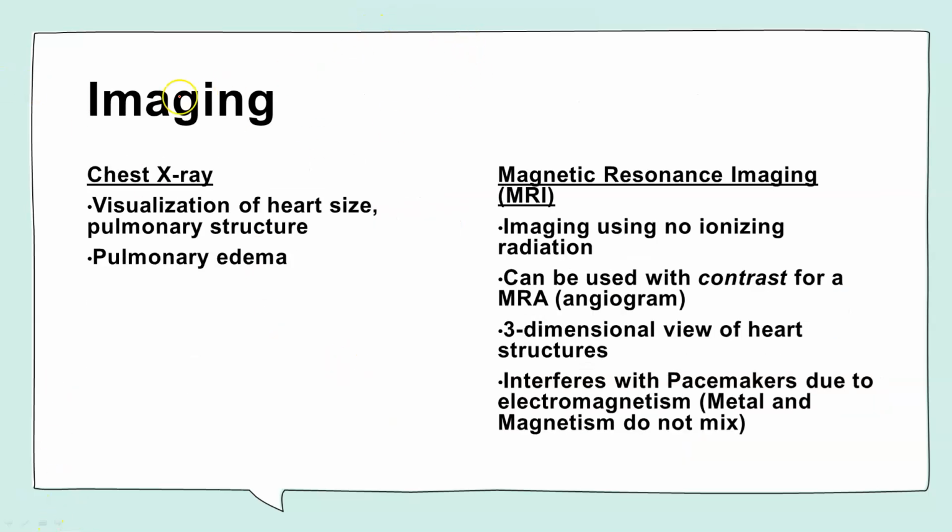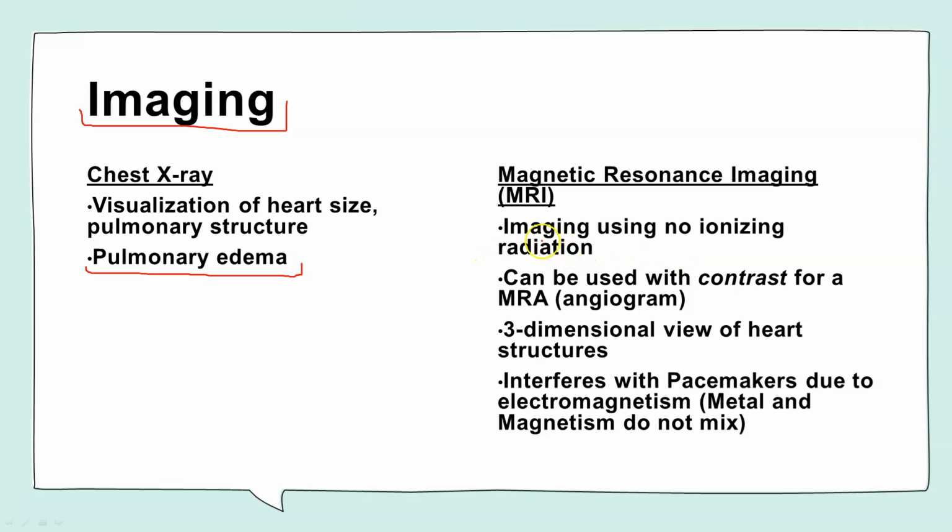Imaging. Imaging is a huge part of what we do. Chest x-rays can be done at the bedside. It doesn't really give me a whole lot of information about the cardiovascular system, other than that the size of the heart has changed or I can see pulmonary edema.